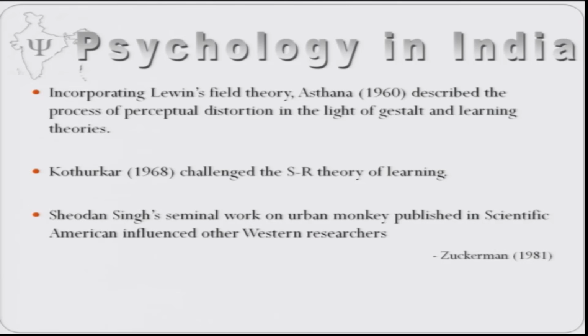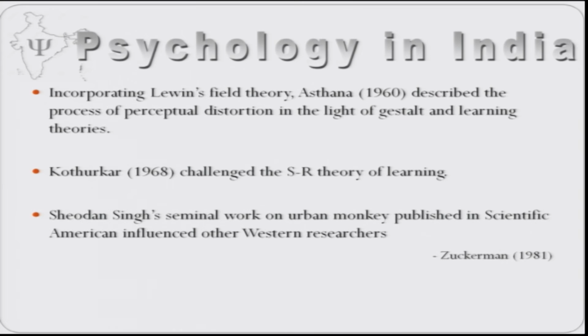Incorporating Lewin's field theory, H.S. Asthana in 1960 described the process of perceptual distortion in the light of Gestalt and learning theories. In 1968, you will find Kothurkar's work, which challenged the stimulus-response theory of learning.